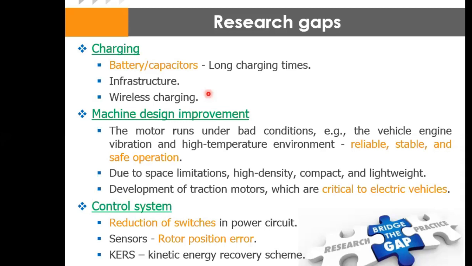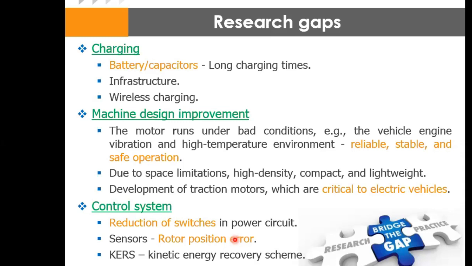And finally, you also have control system areas. In that, you need a control system to drive the BLDC motors, right? There are reducing the number of switches in the power electronic circuit, and the rotor position error will also happen. For that, you can think about observers, how to reduce those errors using an observer. And because of regen, I was telling about regen, right?